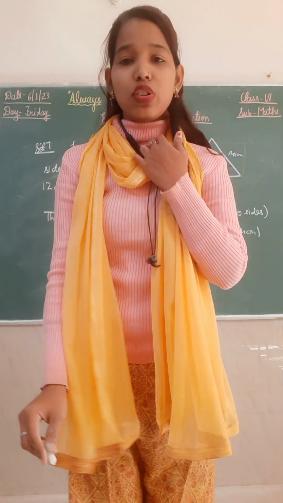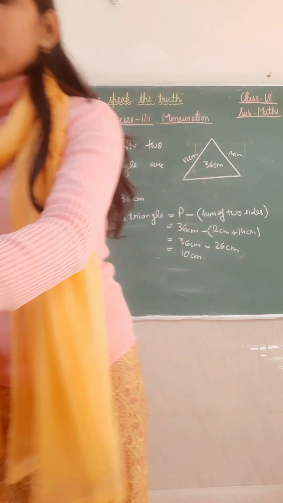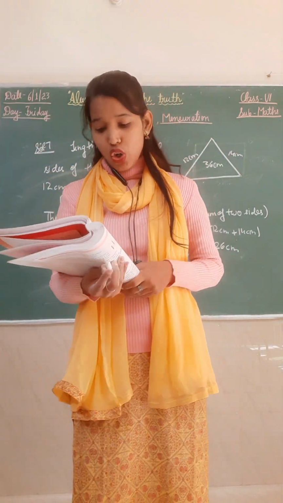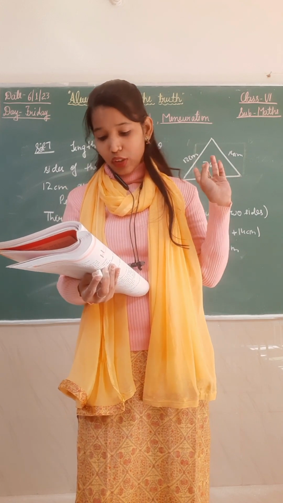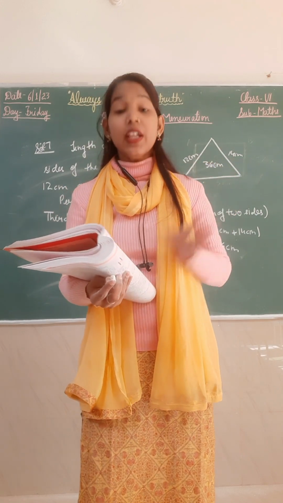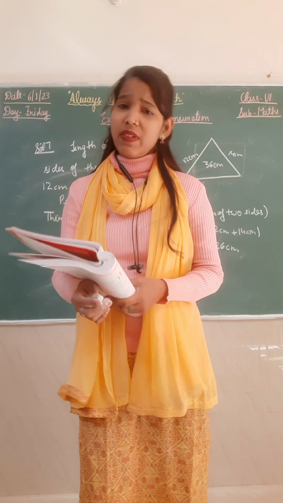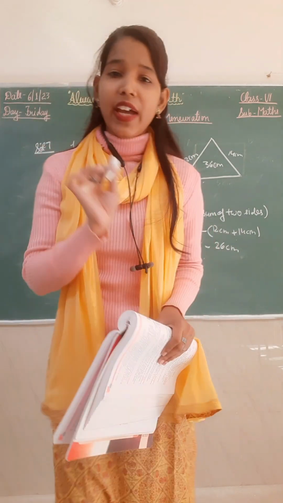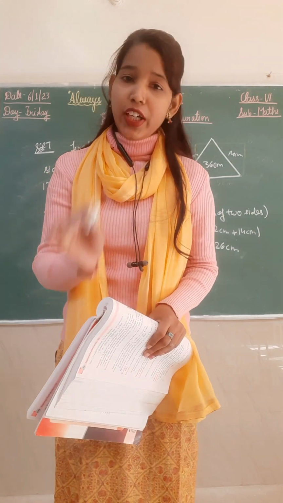Okay class, so this is enough for today I think. So your homework is that you have to do question number 3 and question number 4 in your practice copy. It's very easy. Again you have to find just the perimeter. If you have any doubt you can feel free to ask me.